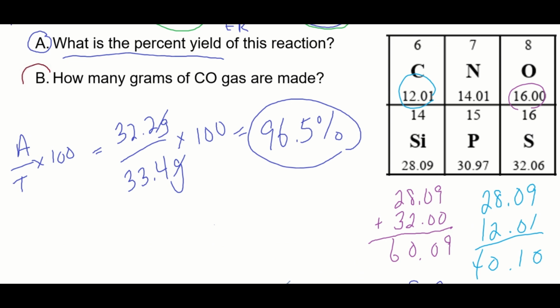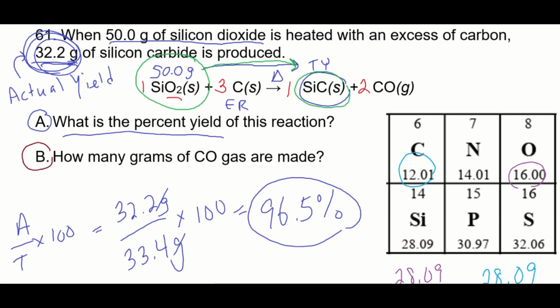Now let's go to part B. How many grams of carbon monoxide are made? Well, that's a completely different question. So we have excess carbon. So the limiting reagent, in this case the silicon dioxide, is going to determine either one of our products.